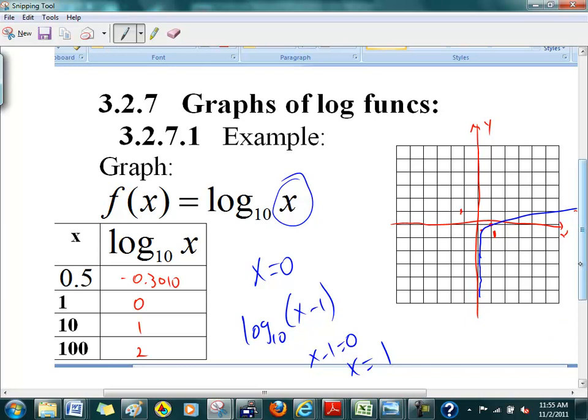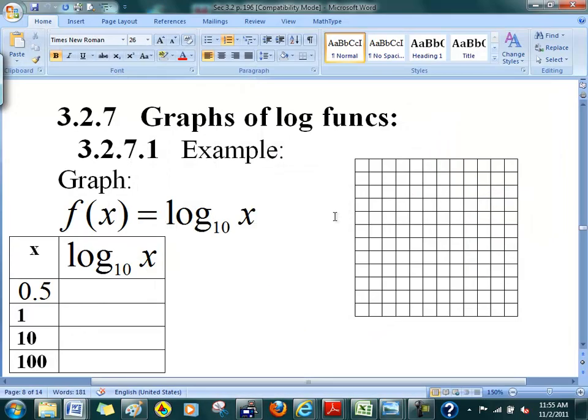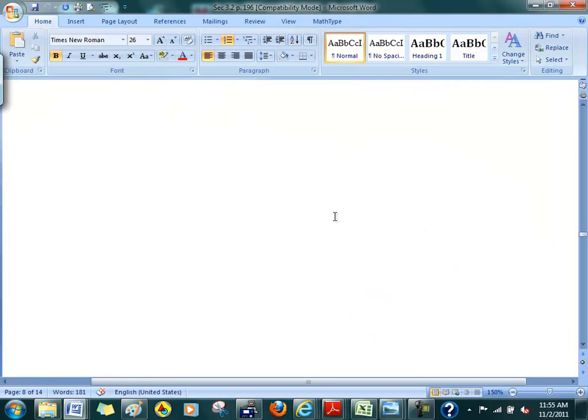That makes sense, because what does this x minus 1 do to the original mother graph? It moves it to the right, so instead of being where it was, it's going to move in like that. So again, log functions have vertical asymptotes, exponential functions have horizontal asymptotes.